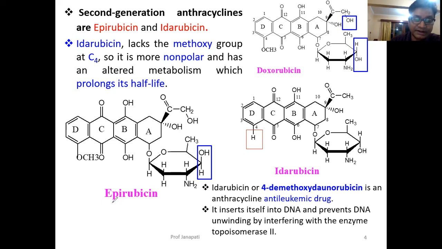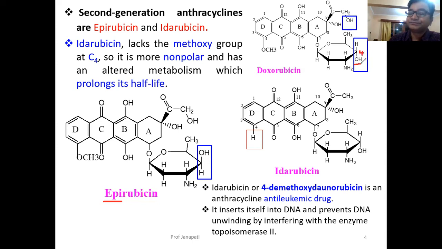You people might also have learned in carbohydrate chemistry, what do you mean by epi? Epi means isomers of carbohydrates which differ at one carbon atom, while the configuration at the remaining carbons is the same. That's why here, the stereochemistry at all the carbons is the same as in doxorubicin except at the fourth position.